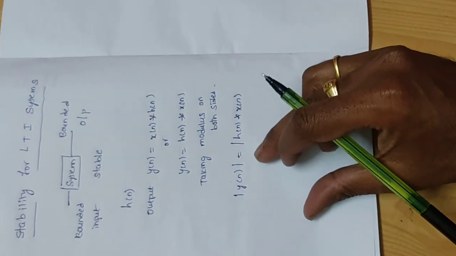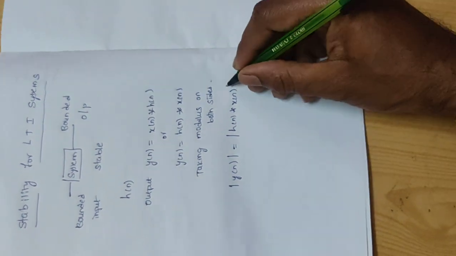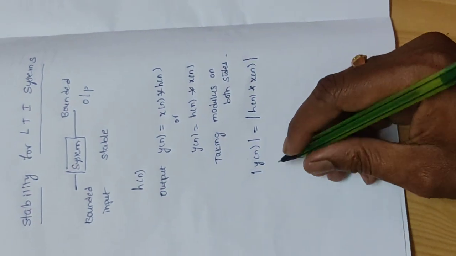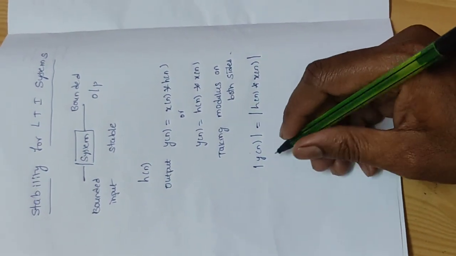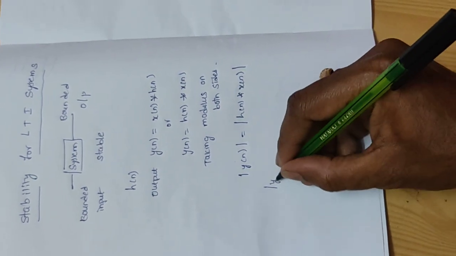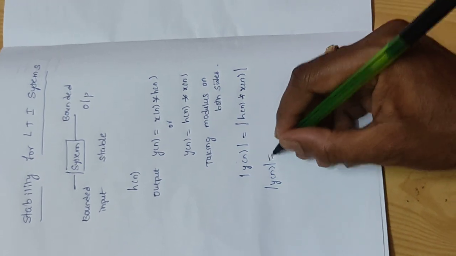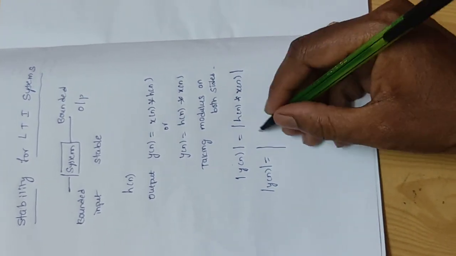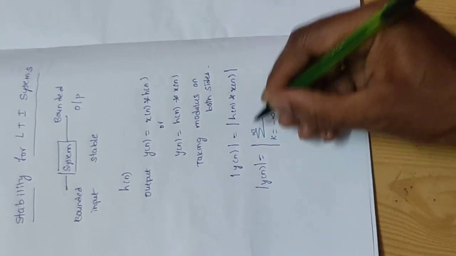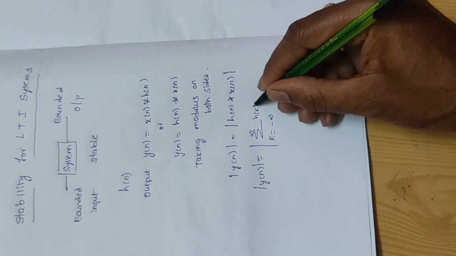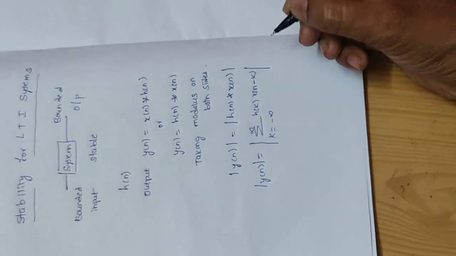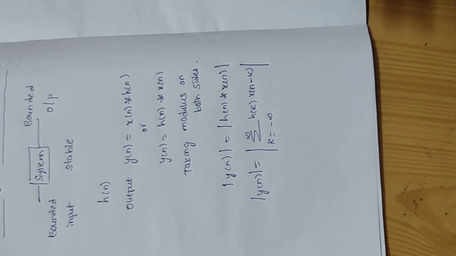As we already know, the expansion is modulus of summation, the convolution sum, k equals minus infinity to infinity, h of k x of n minus k. This is the convolution sum which we already derived earlier.